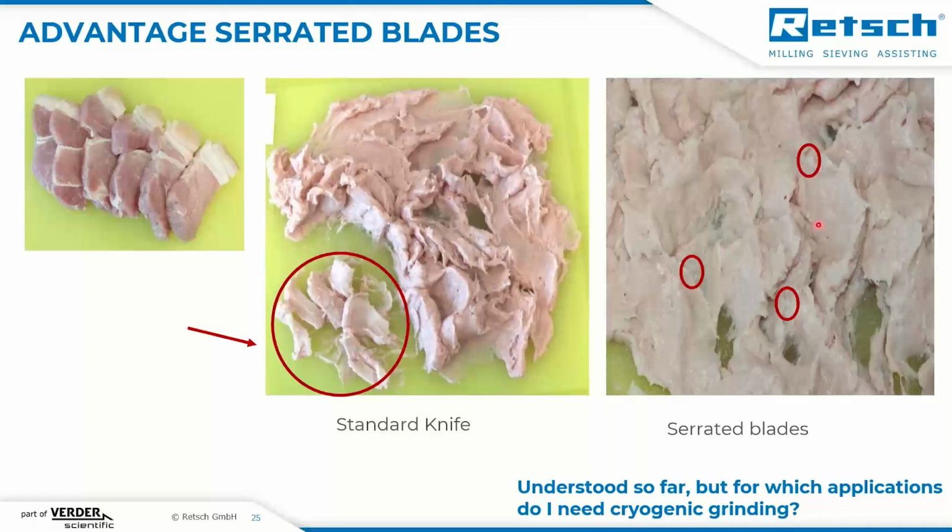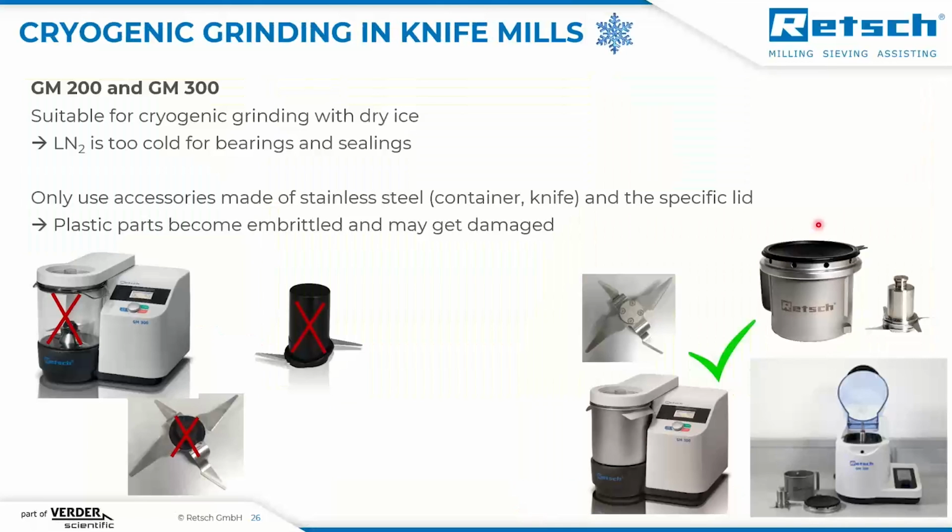And now I'd like to also give some examples for cryogenic grinding in the knife mills. Cryogenic grinding in GM200 and in GM300 is allowed. We use dry ice for that reason. Liquid nitrogen is too cold for the bearings and sealings, so please stay with the dry ice. And what is very important is that we should avoid any accessories which contain plastic parts.